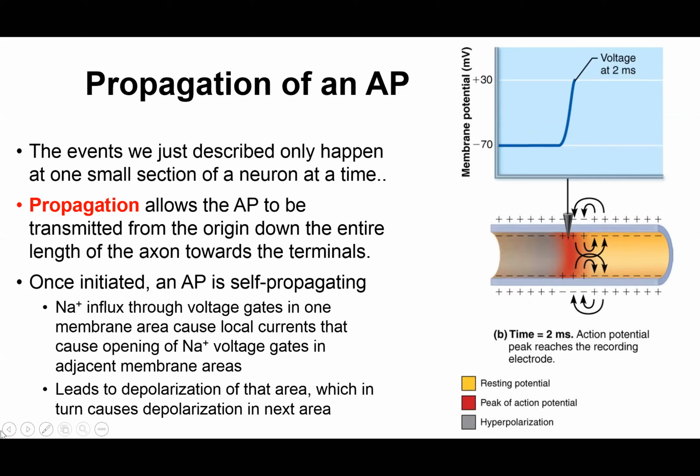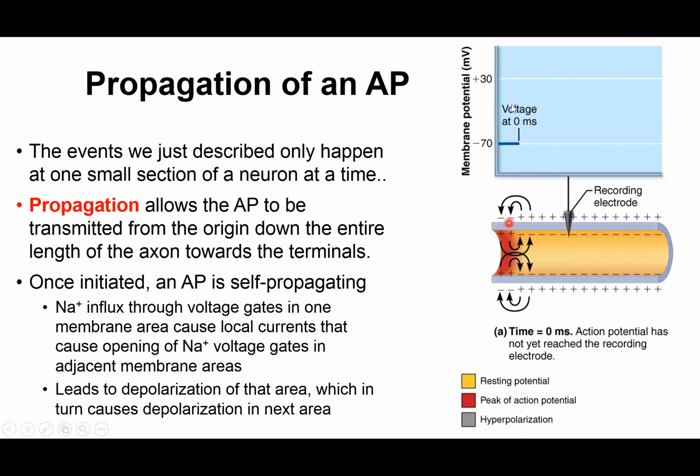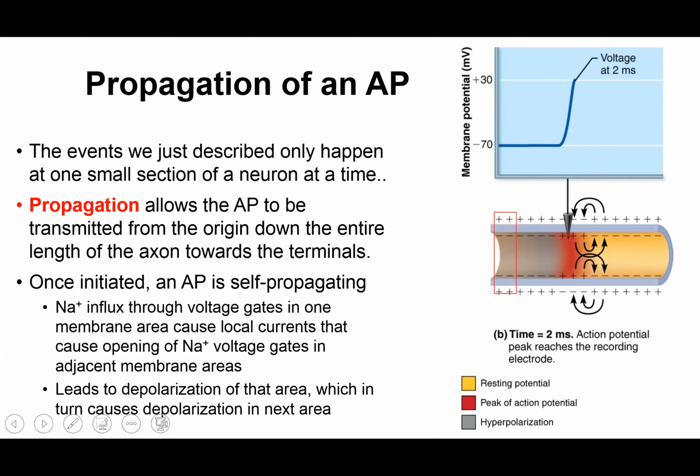If we started out back here, all right, so if we start out with our depolarizing section right here, that's where the initial stimulus was. Okay. From here, what happens is the change in membrane potential that occurred in that section will cause the next section to change its membrane potential.